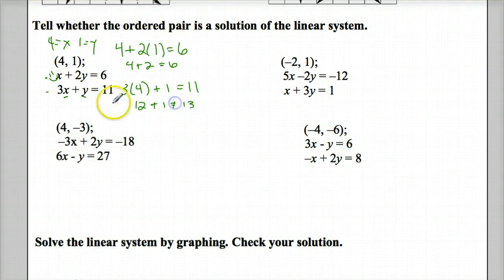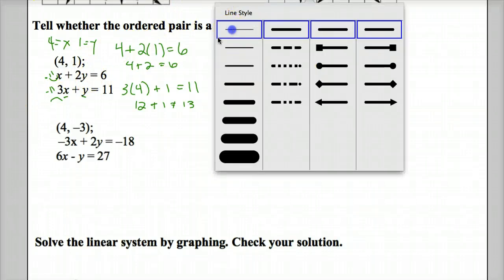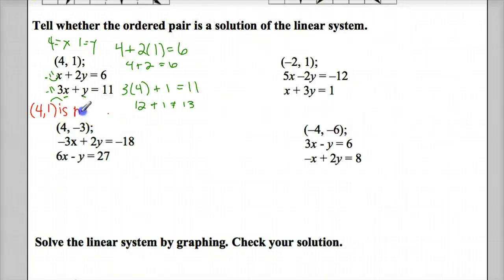And it does not equal 11. So this point right here does not lie on this line. So 4 comma 1 is not a solution to this system of equations. These two lines don't cross. So let me change the color. 4 comma 1 is not a solution.